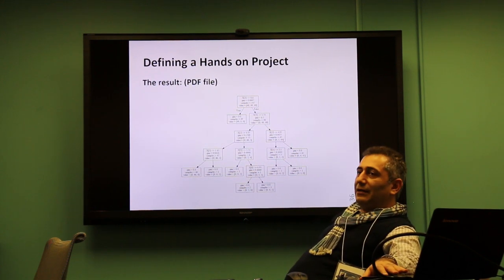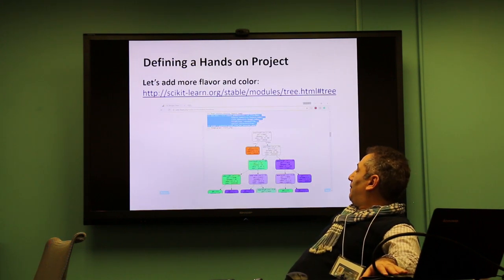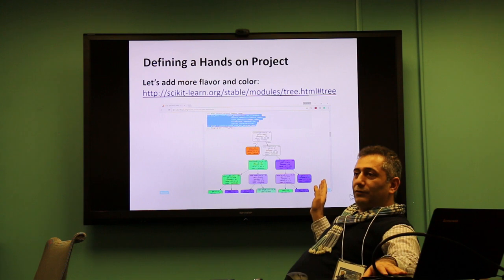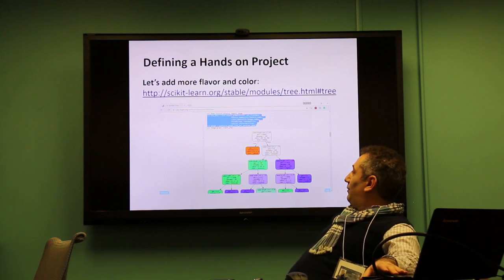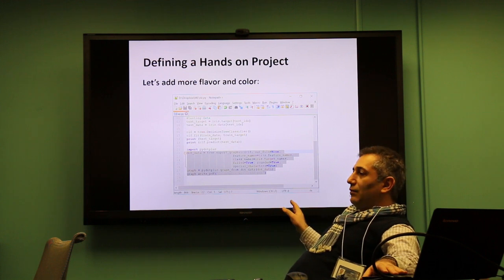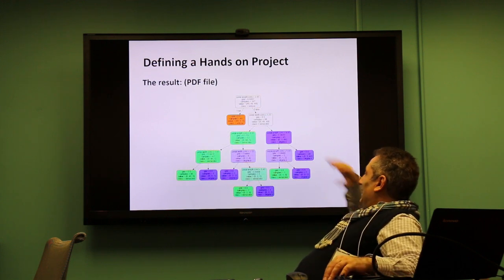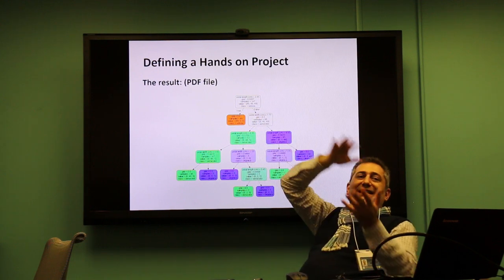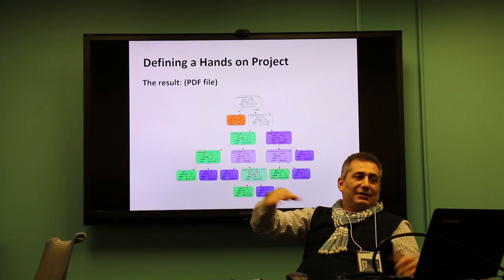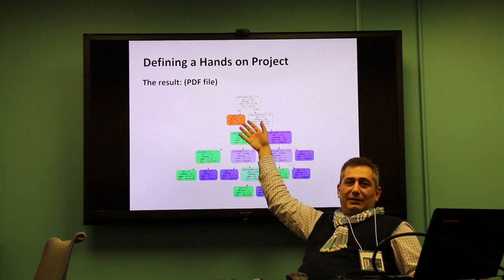I didn't like that. I expected something more colorful, so I took the other code from the website and replaced it. So here is the file. There's no intention to memorize the details, but look at this. Actually, this is the classifier that the computer generates for us, and that's what's happening behind the scenes.